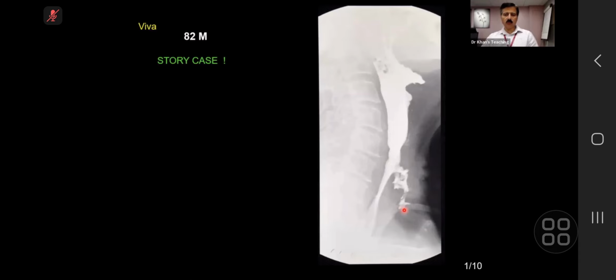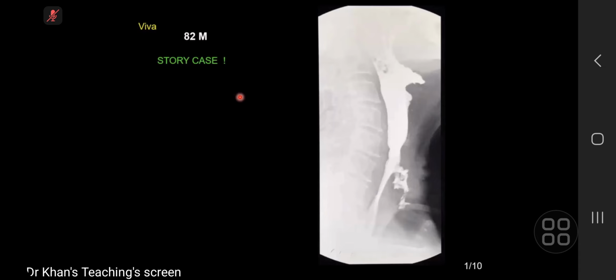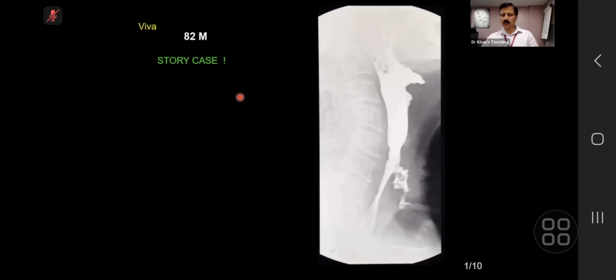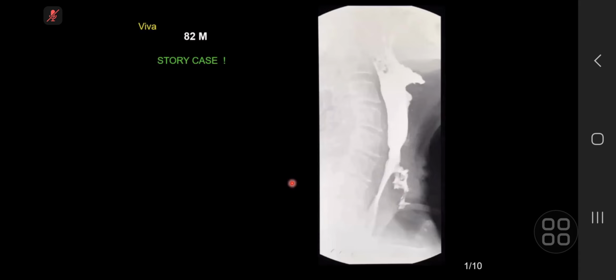Let me ask you, why has this examination been done? Have you picked up the story? Is this to check someone's swallow post-stroke? Then why has this happened? They haven't got a safe swallow and they've aspirated?